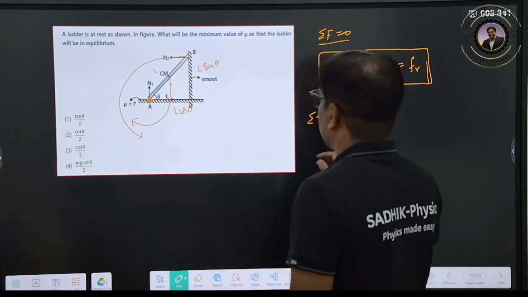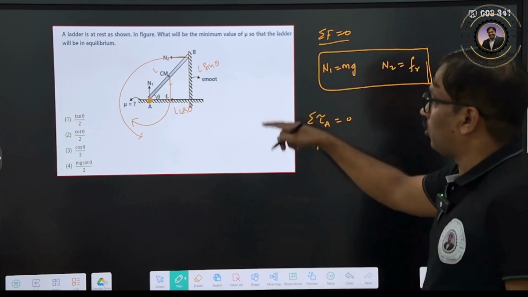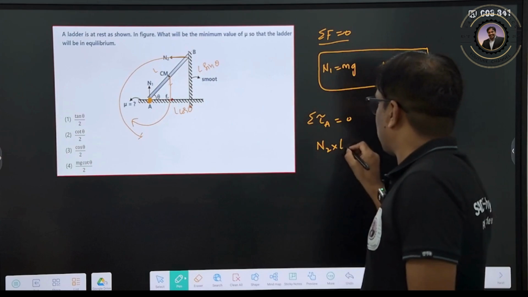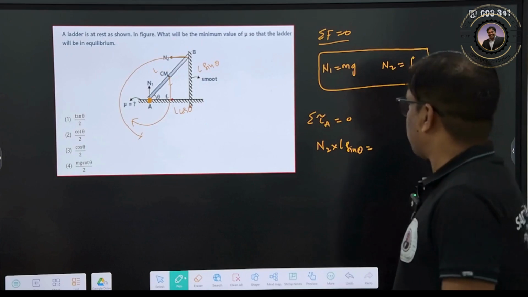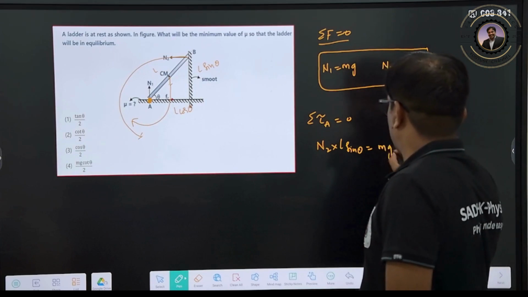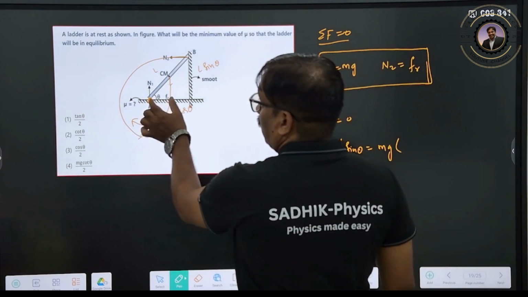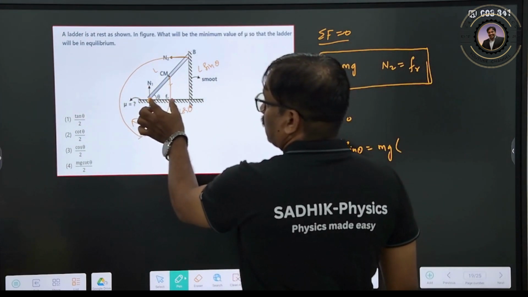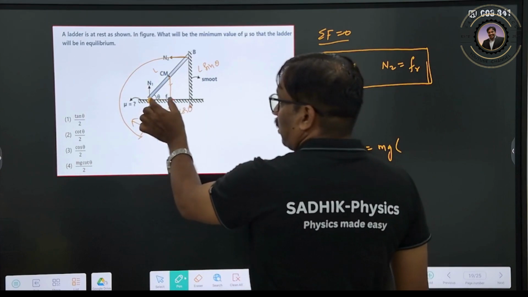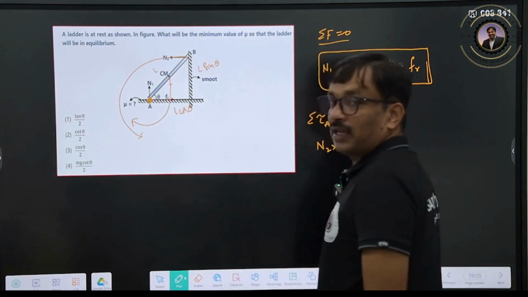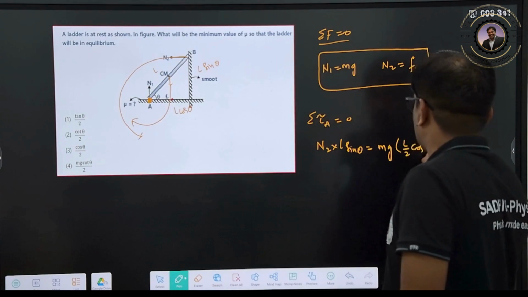So n2 into the perpendicular distance L sin theta is equal to mg into this distance. Here the center is at L by 2, so the horizontal distance is L by 2 cos theta, since the total distance is L cos theta and half of it is L by 2 cos theta, clear.